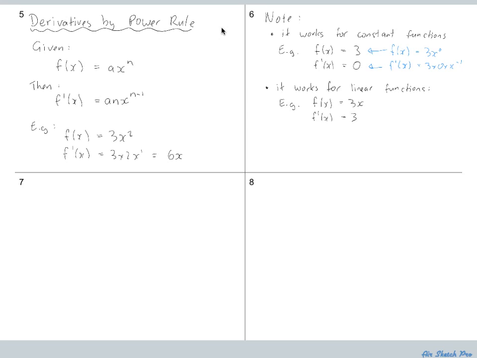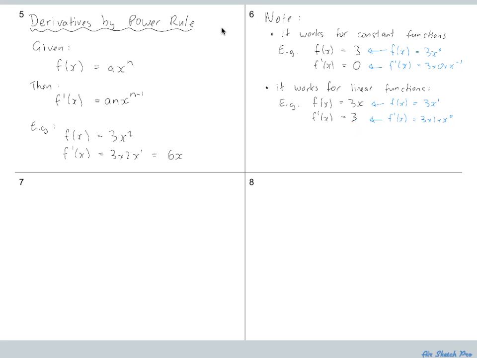Now, I'll spell this out because I'm probably taking too long for the theory. Because f(x) is equal to 3x, and we don't normally write it, but it's 3x to the power of 1. So when I use the power rule, f'(x) is equal to 3 times 1 times x to the power of 1 minus 1, which is 0. x to the power of 0 means it disappears, because anything raised to the power of 0 is 1, and 3 times 1 is 3.